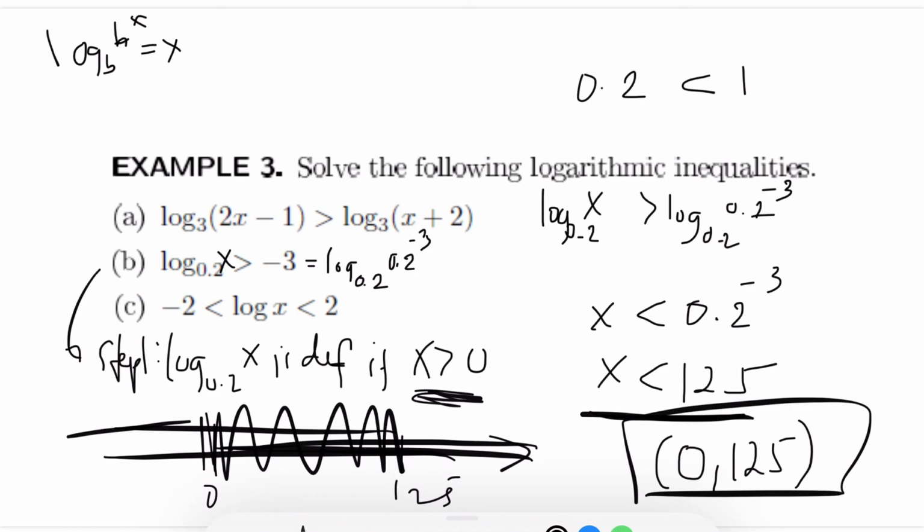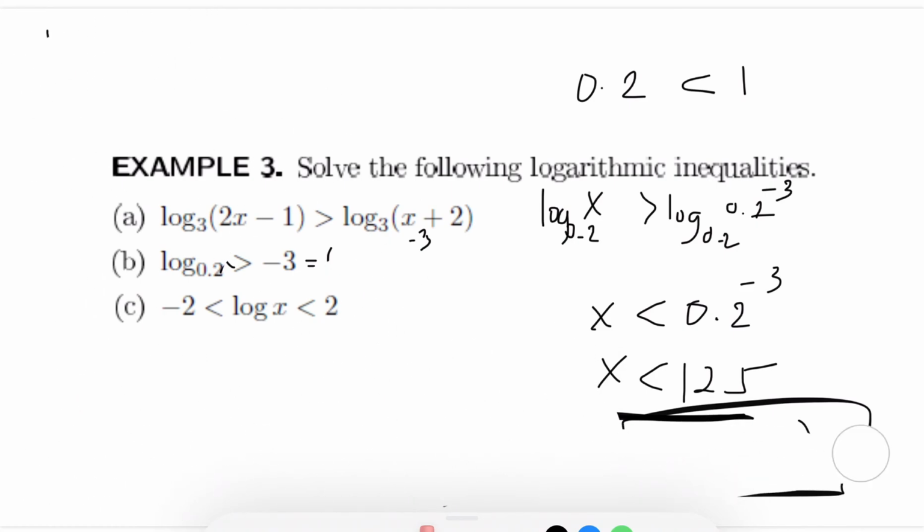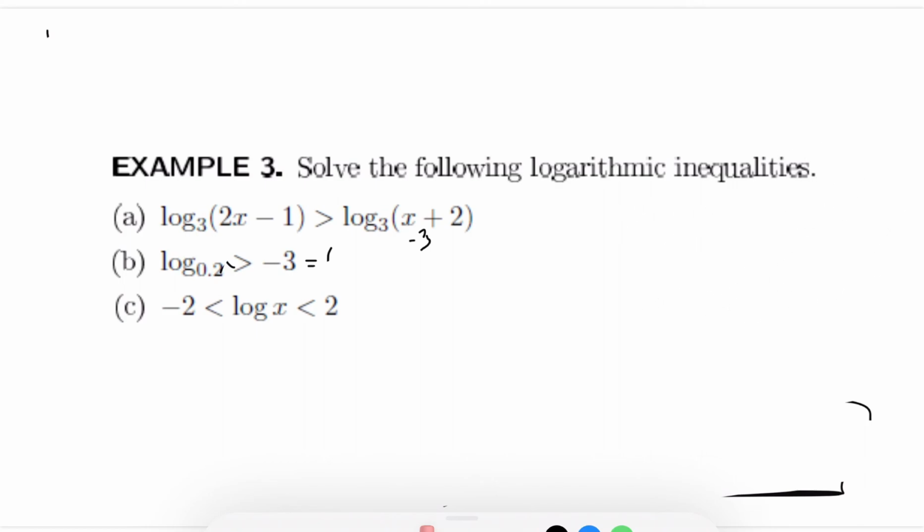Okay, and last, letter C. For letter C, the same with letter B, we can rewrite this one as what? Base 10, so log of 10 raised to negative 2 base 10 is less than log of x base 10, and less than log of 10 raised to 2 base 10.